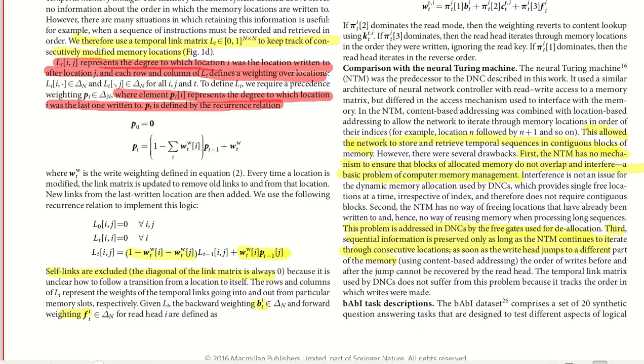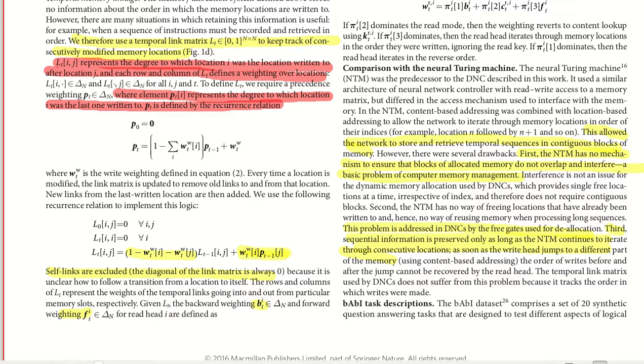And then to define the link matrix, we say, okay, the previous element at this particular location, L t minus 1 ij, the element in the same location in the previous time step, we should weaken its relation by the extent to which we are writing to both those elements in this particular time step.